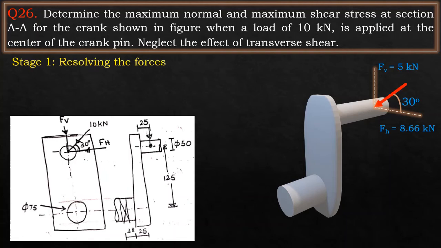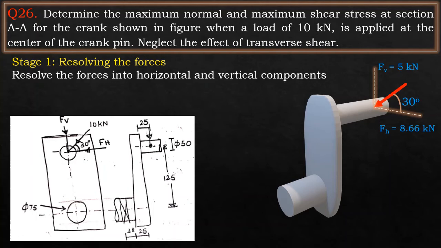To solve this problem, since the load is inclined, the first step is to resolve the forces. Let us resolve these forces into two components. One is the horizontal component Fh and the other one is called the vertical component Fv. Now the horizontal component Fh will be equal to F cos theta, because the angle is next to the horizontal component.